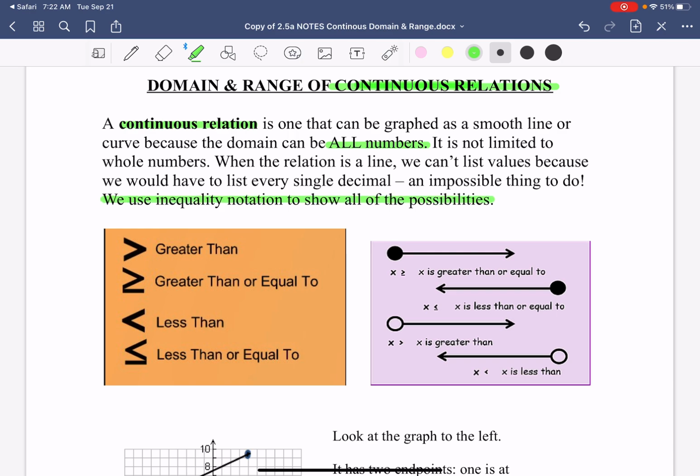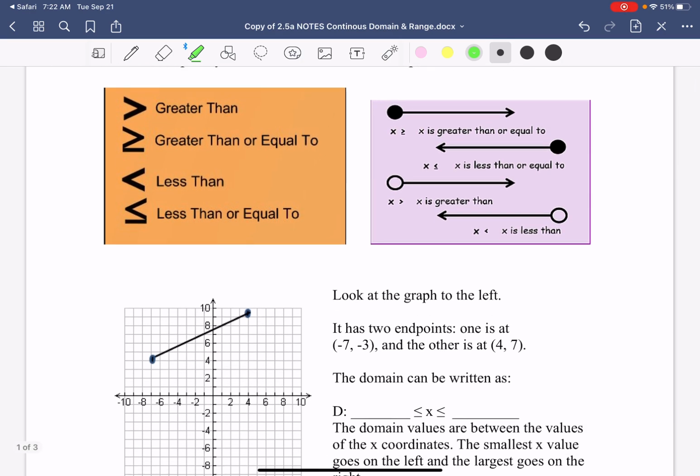Okay, so inequalities, we talked about this when we were solving inequalities. We have greater than or equal to, less than or equal to. We use the greater than or equal to sign if it's a filled in dot and it goes to the right. We use the less than or equal to sign when it's a filled in point and it goes to the left.